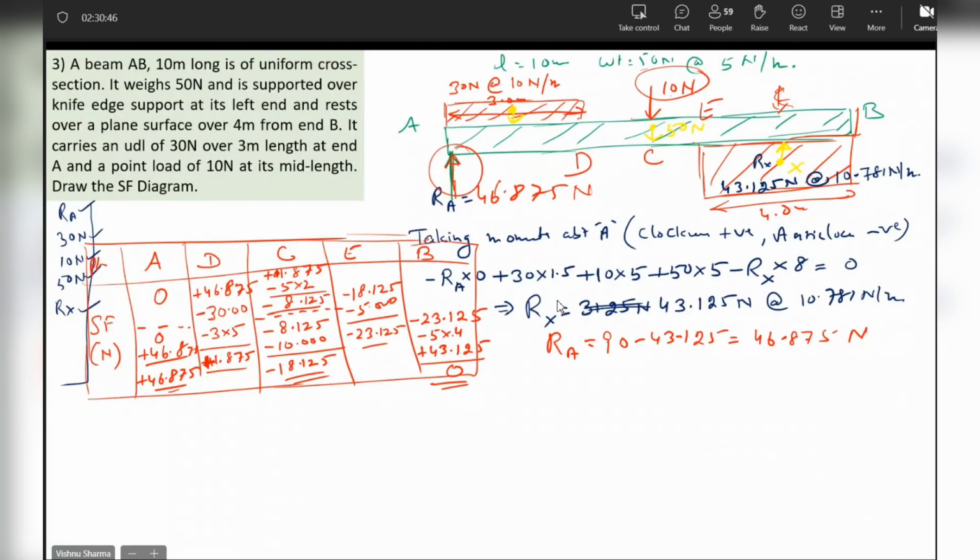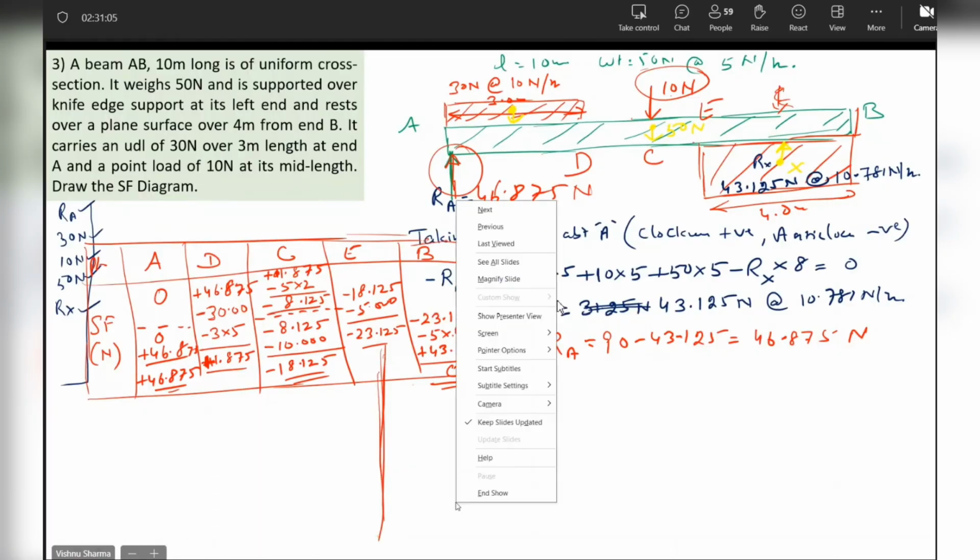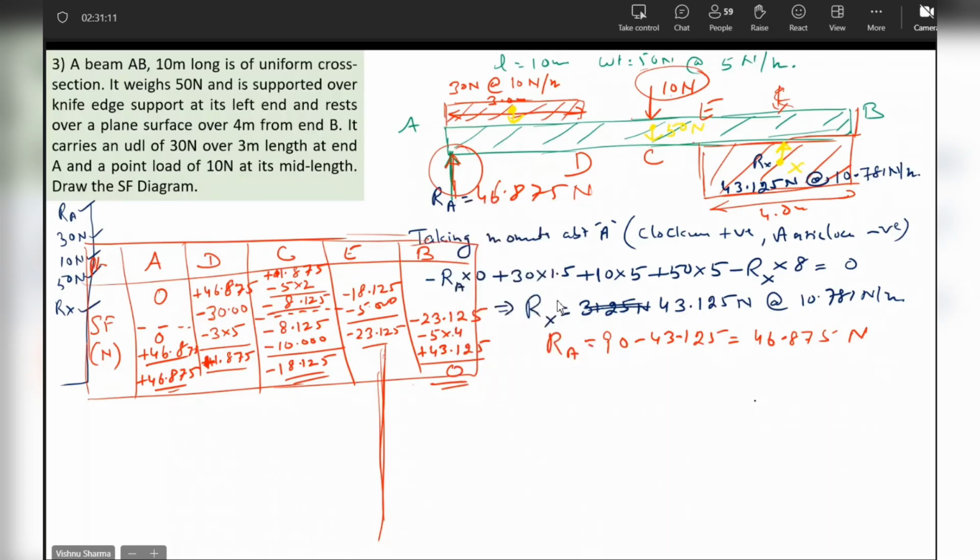Now we are good to make the SF diagram. We have plus 46, minus 23. So that means I need to have a little bit down below and more of it up. I can go up and use a blue marker or green marker to draw. That will solve the problem. Go up a little bit, no issues.